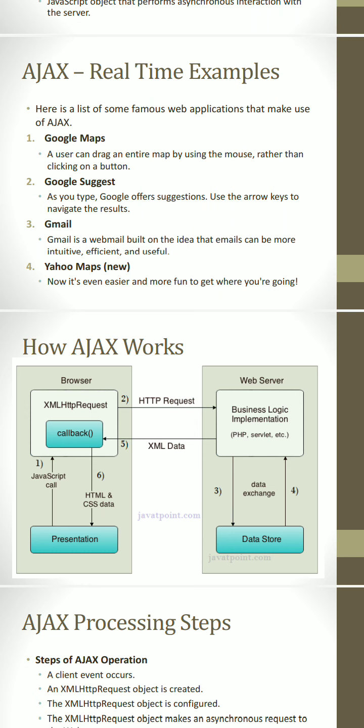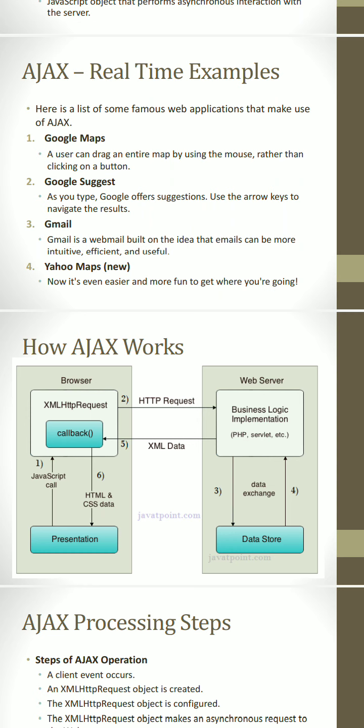In the first part it is given by a JavaScript call to the browser. The request is sent by the user through the user interface and the JavaScript call goes to the XMLHttpRequest object.